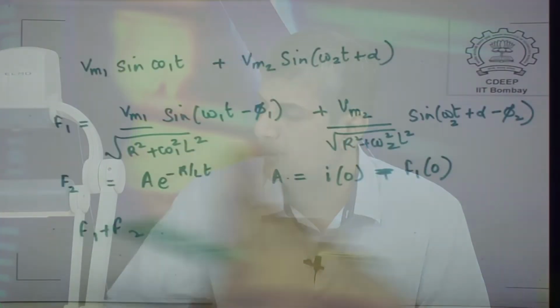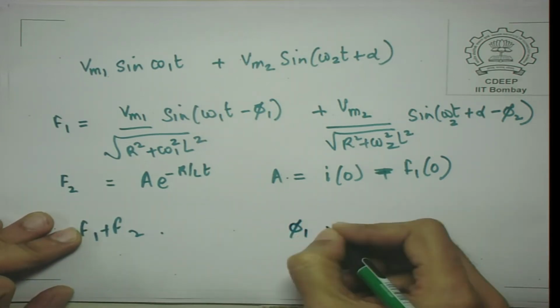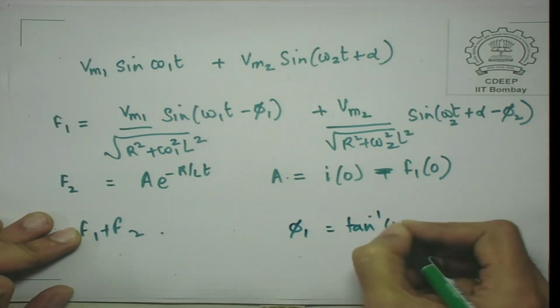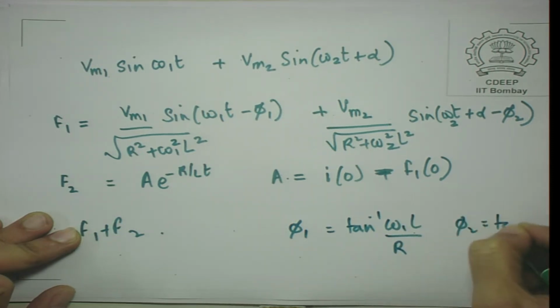In case you have got a sum of sinusoids, you get corresponding outputs of the same waveform. Of course, the phase shifts and the scalings are different. Here the scaling is dependent on omega 1 and omega 2, and phi 1 is equal to tan inverse omega 1 L by R, and phi 2 is equal to tan inverse omega 2 L by R.